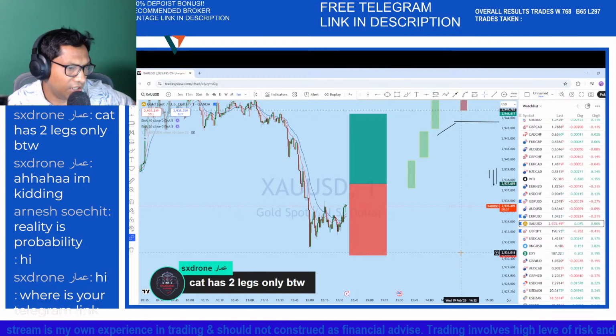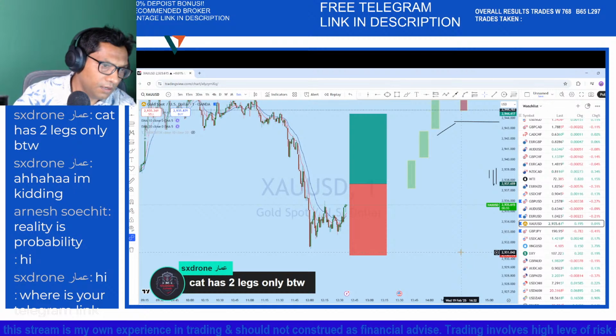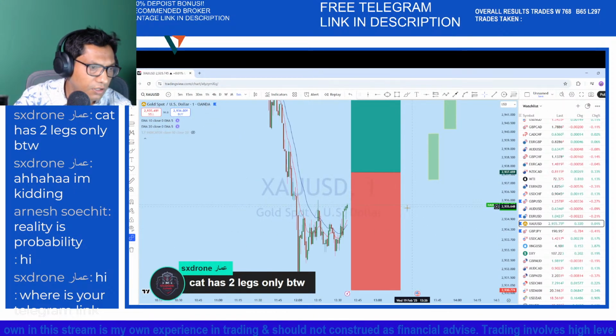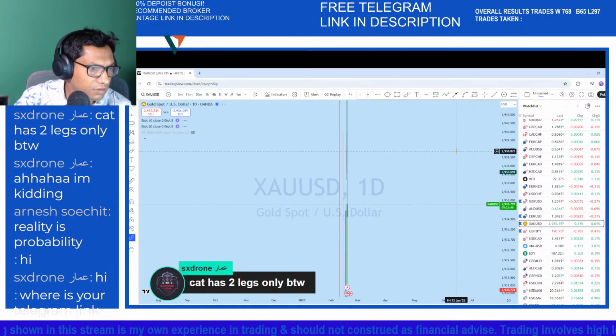So far, we see that there is a bullish pattern formation on the lower time frame, which is on the daily support.